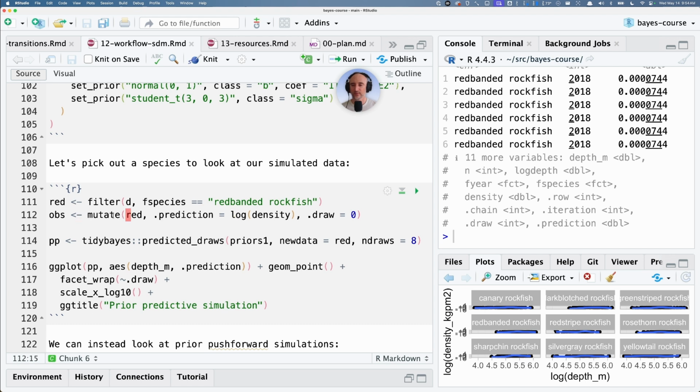I'm going to create a data frame here that I'm going to append my prior predictive checks onto. So I've got my real data and my simulated data from the priors. To start with, I'm just creating a version of the data here.